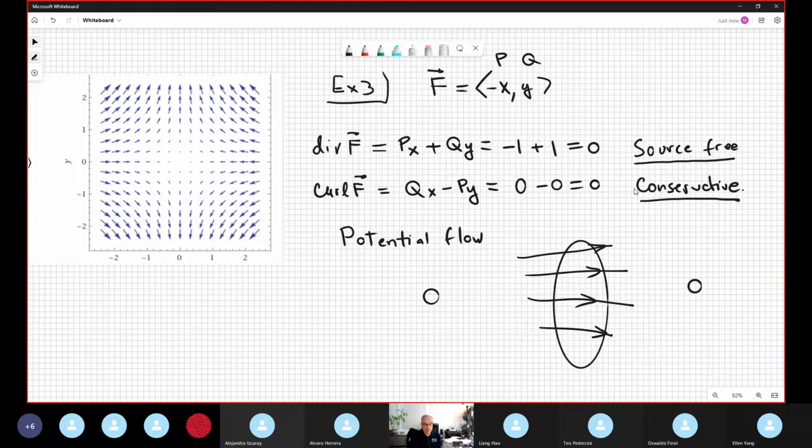Okay. Now let me try to show you, not too complicated with the potential function. It's only to see in the application. This example is minus x, comma y. Okay, in this case, look.